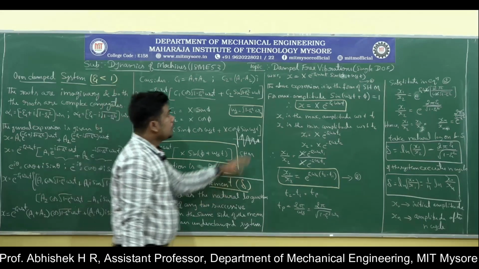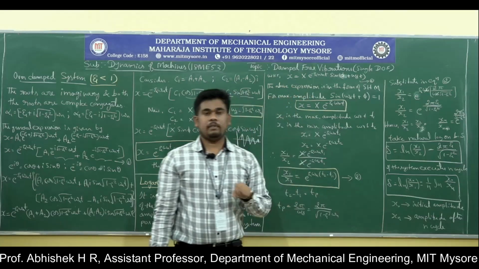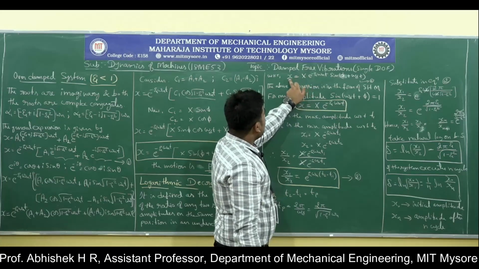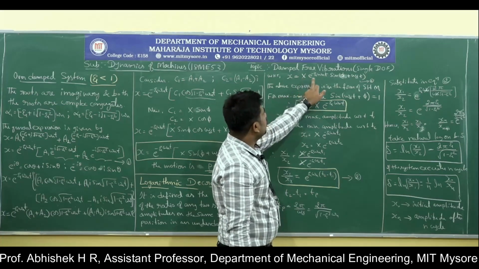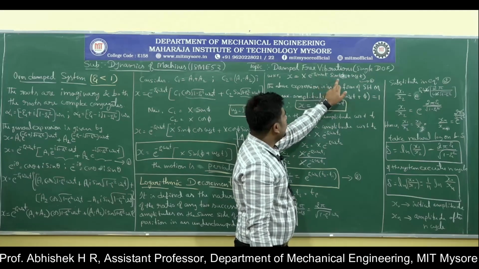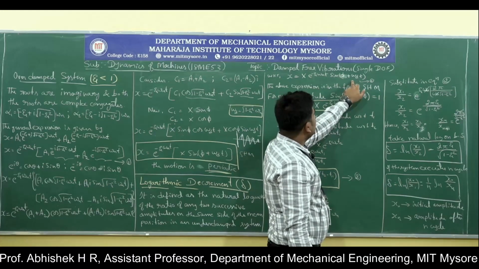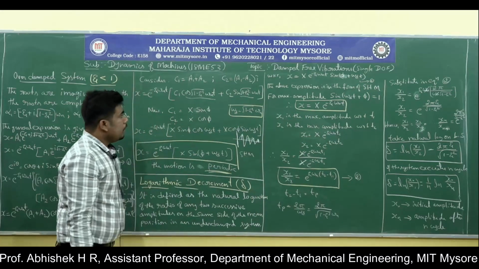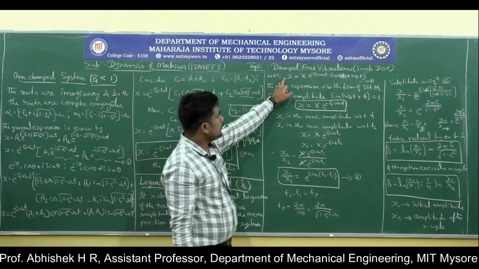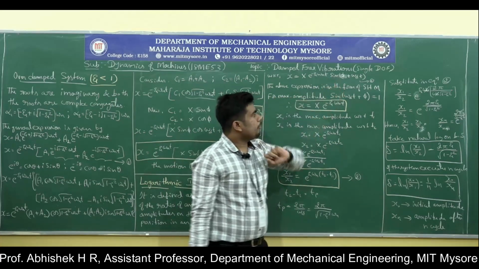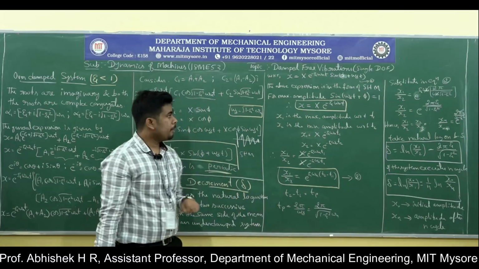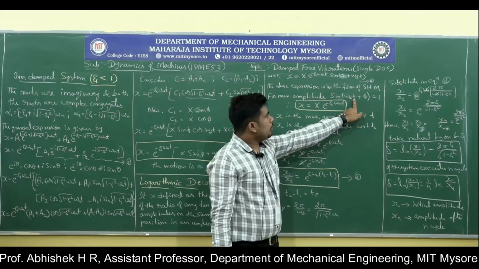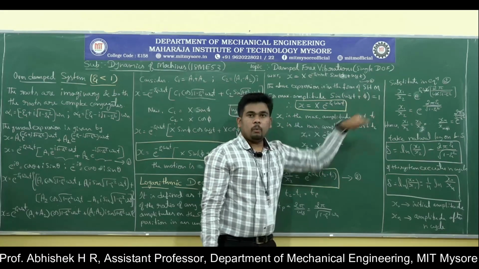For this I am going to consider the condition of the underdamped system, that is small x is equal to capital X into e to the power of minus zeta omega n into t into sine of phi plus omega d into t. In this expression, as I have already told, it is in the form of simple harmonic motion, right? So for the maximum amplitude, sine of omega d t plus phi should be equal to 1.